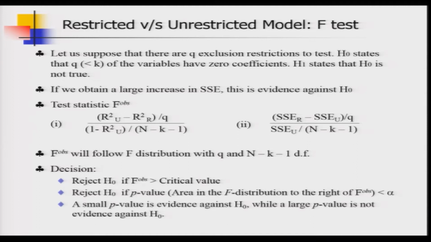And if you want to follow the p value approach, then of course you reject the null hypothesis if the p value is less than alpha, the set level of significance. As I told you previously, a small p value is enough evidence against H naught, while a large p value is not evidence against H naught.